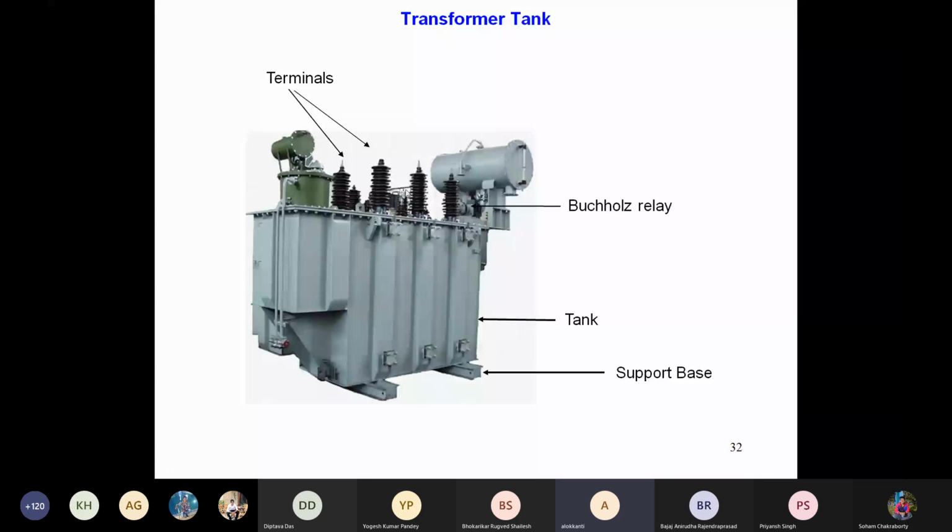And then since it also involves oil, there has to be protection, a breathing arrangement. This oil is not exposed to the atmosphere because the oil will get heated. So there is an arrangement through this overhead tank, a tank through which there will be breathers. So it is not directly connected to the atmosphere.